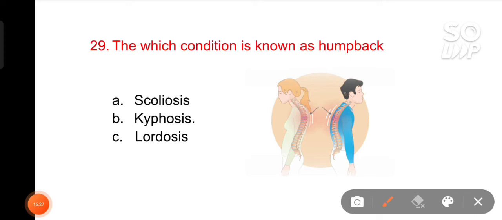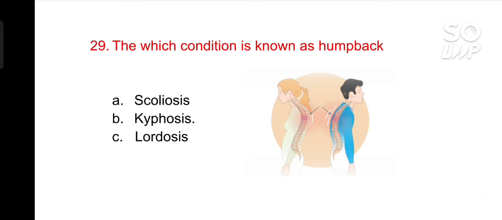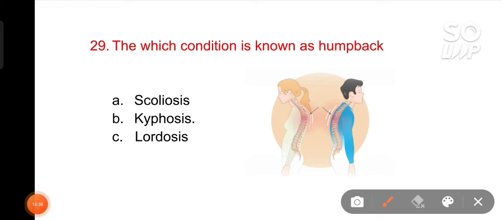The options are option A scoliosis, option B kyphosis, option C lordosis. The right answer is kyphosis. Option B is kyphosis. In the case of kyphosis, the vertebral column is turned like this. This is the hump area.